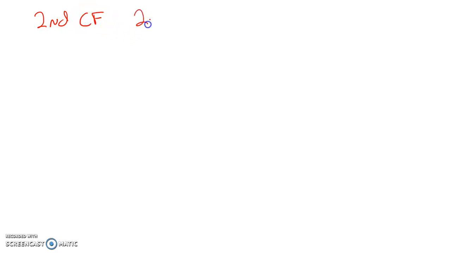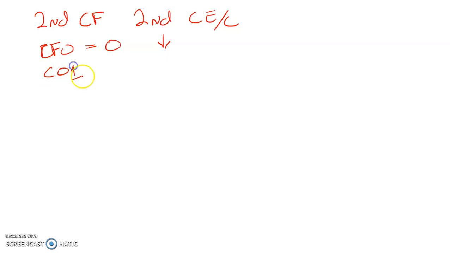And when you do use this function, always clear it out. Second CE, or second clear, that's a key on the lower left-hand corner. So you'll see CF0, and that's going to be 0. So we'll go down arrow, we get C01, and we're going to enter D1, 1.2.